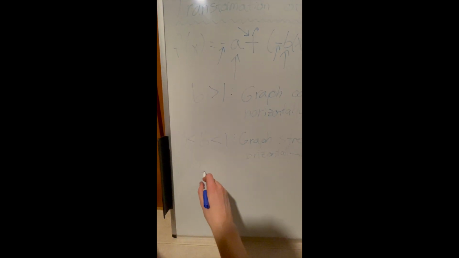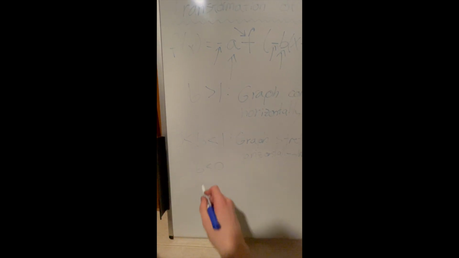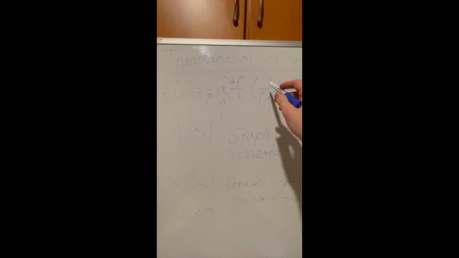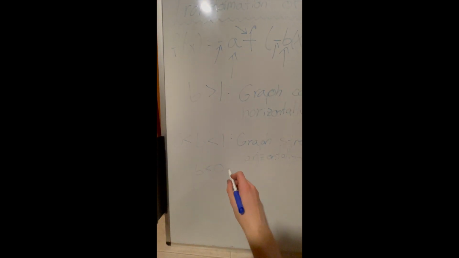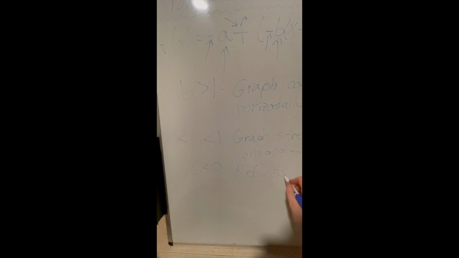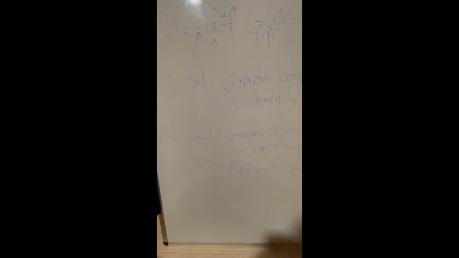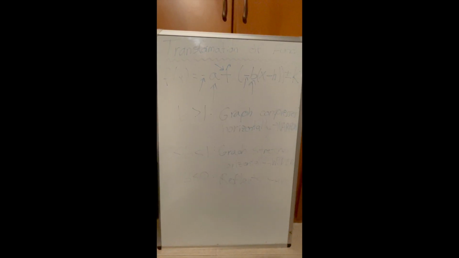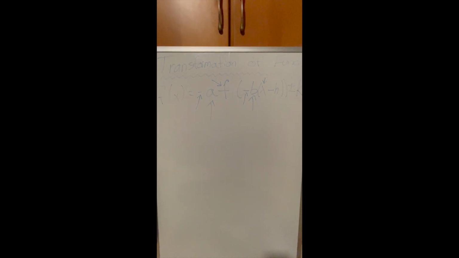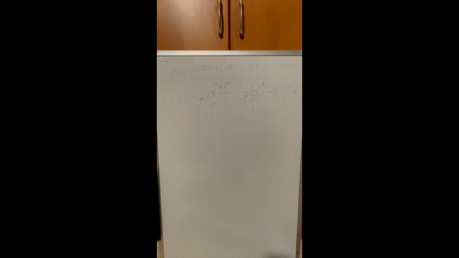And if b is smaller than 0, then it is what we have here, which would be a negative. The graph reflects on the y-axis. Our x here is just our x-coordinate, so our function based on x.